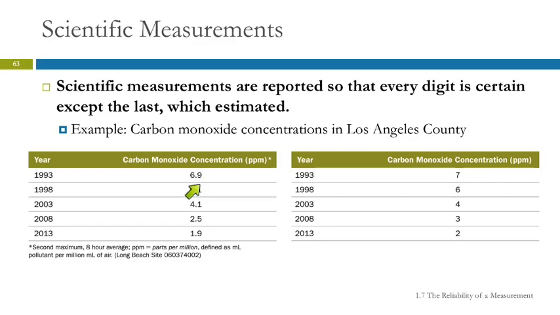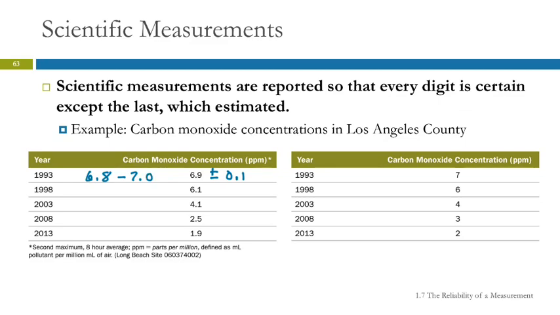The uncertain digit is always the last digit. So in 6.9, the 0.9 part is estimated. So that would be plus or minus 0.1. That means we're pretty sure it's been between 6.8 and 7.0.